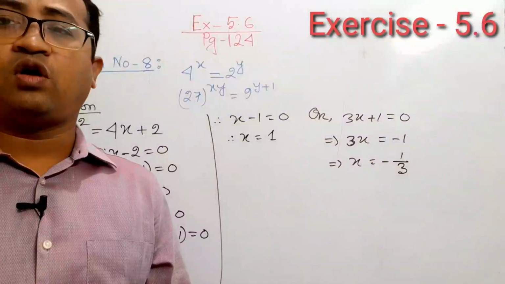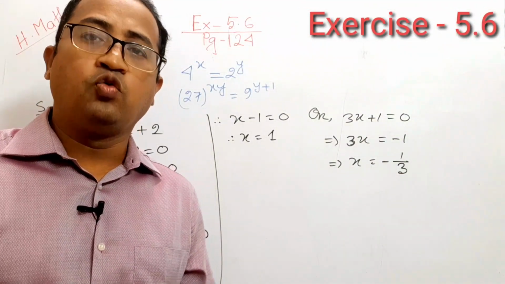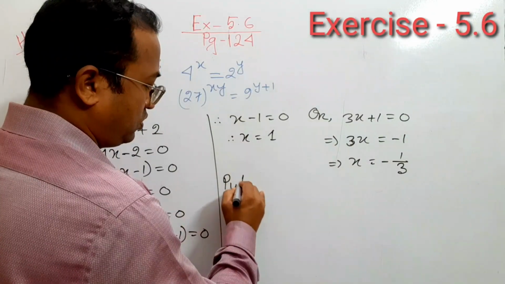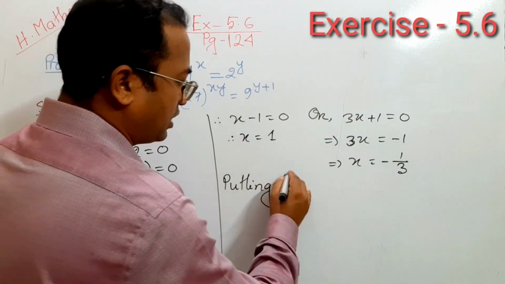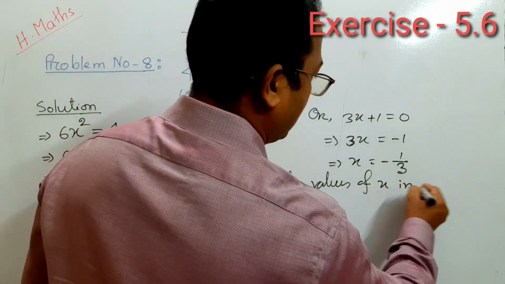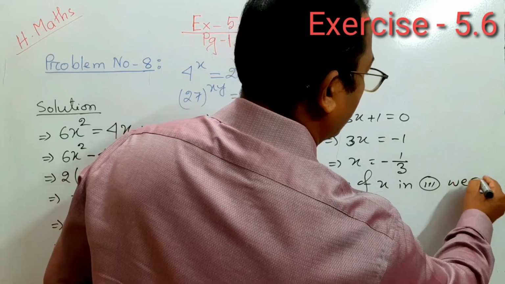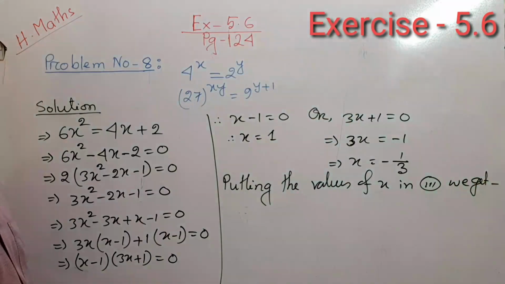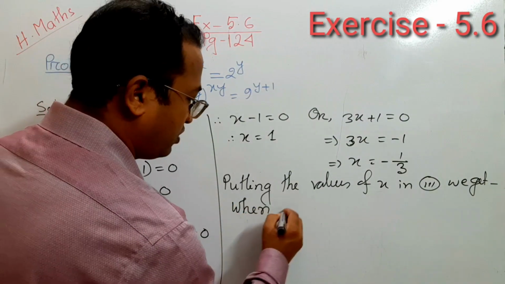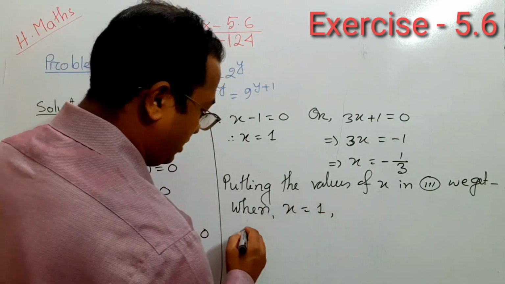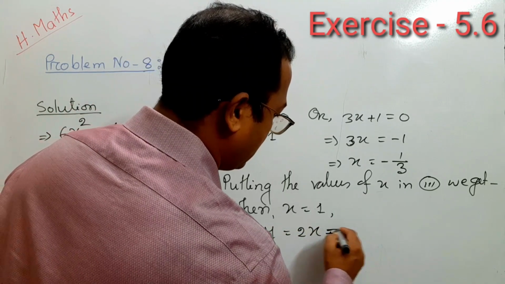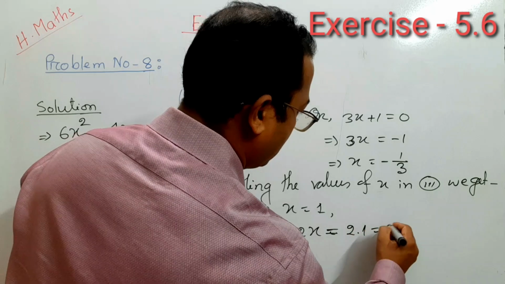Now putting these values of x in equation number 3, we will get the value of y. We have two values, so when x equal to 1, y equal to 2x, that is 2 into 1 equal to 2.